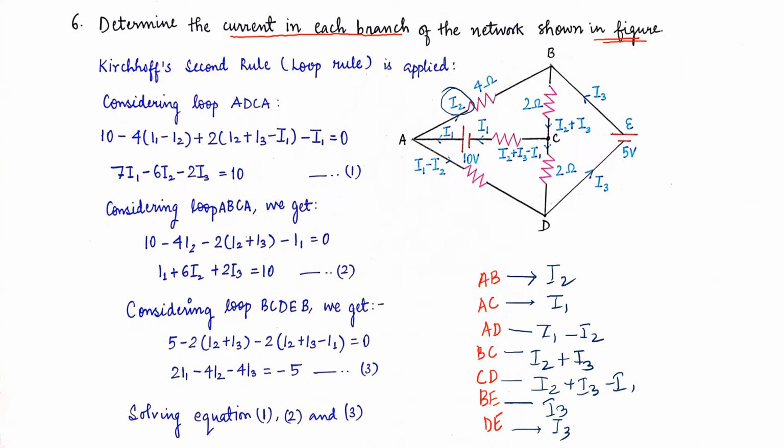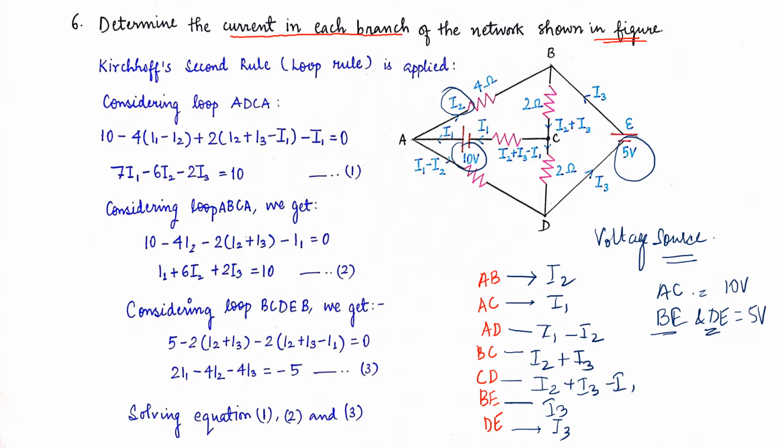There are two voltage sources. One is in the branch AC and the other one is in the branches BE and DE. The voltage across AC is 10 volts and the voltage across these two is 5 volts. See over here.